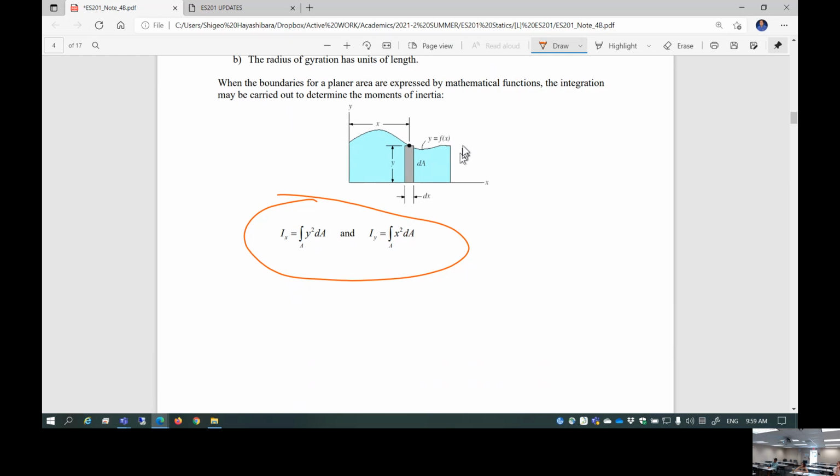The integral over the area is this whole area, but you can integrate either in x direction or y direction. In other words, you can take dA this way. Or as if you go for the Iy, this is dy.